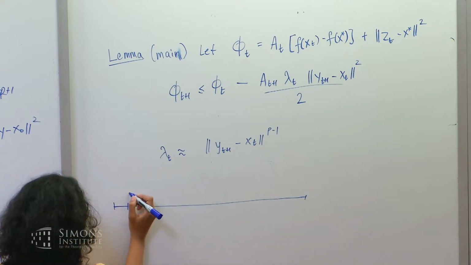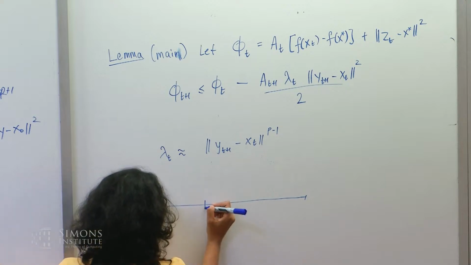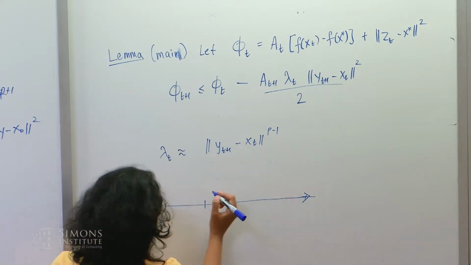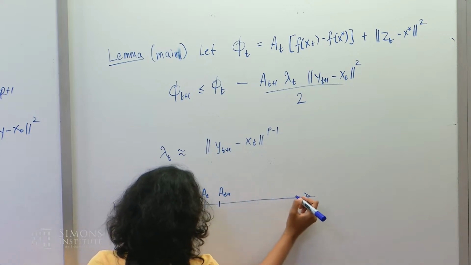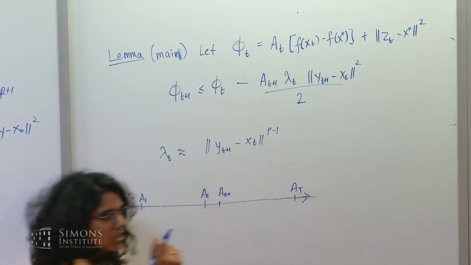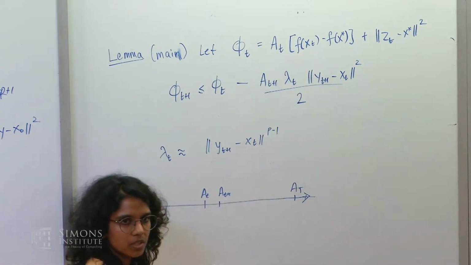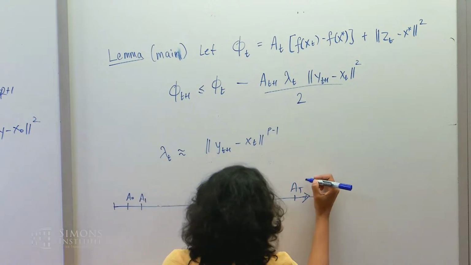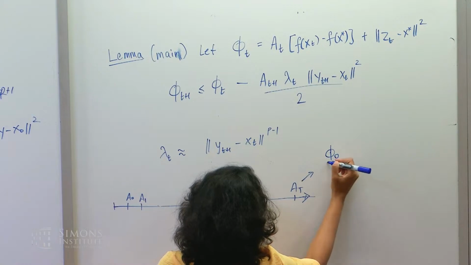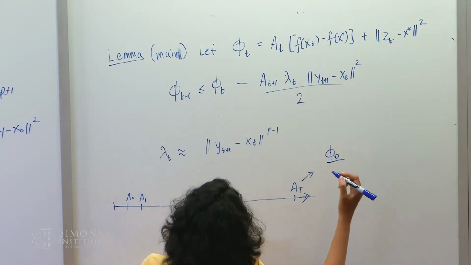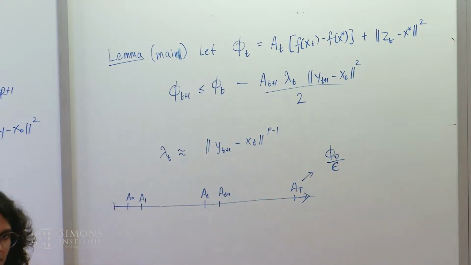So let's start at A0, A1. This is, let's say, the number line. You have some A_t up to the final iterate. In the end, you basically want A_t to be something like phi 0 over epsilon or so.